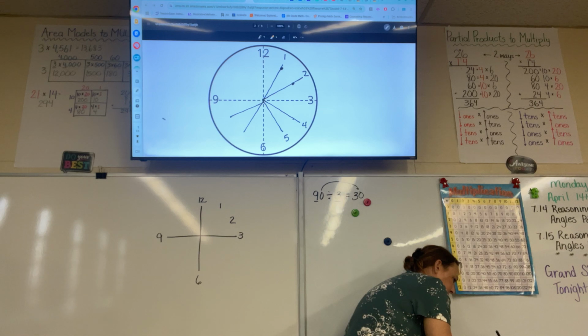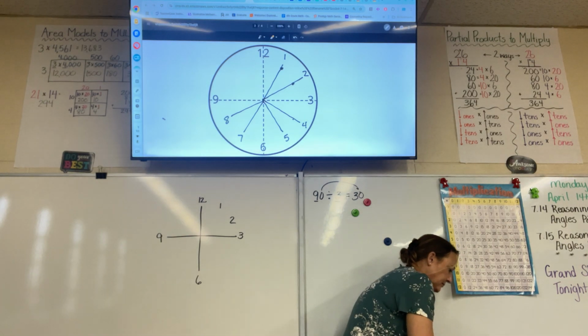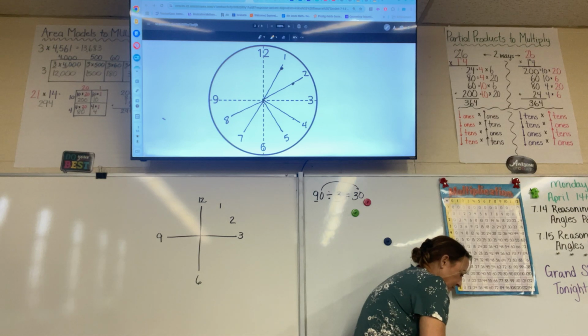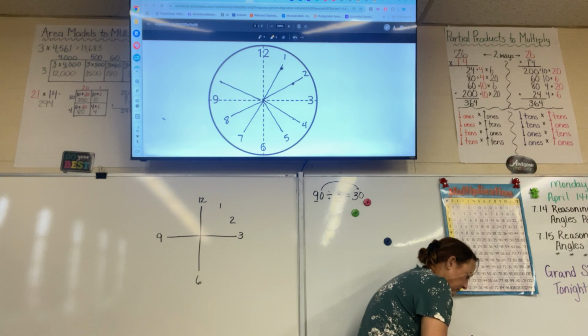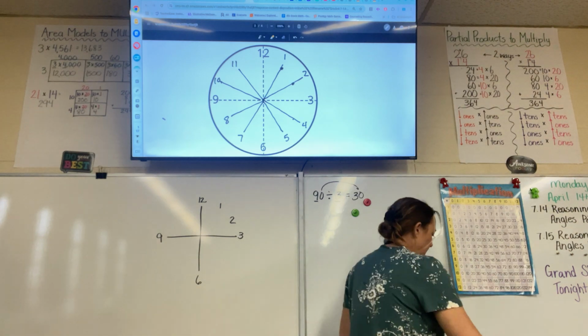Eyeball it. 7 and 8. 9, 10 and 11. It's not perfect, but that'll work.